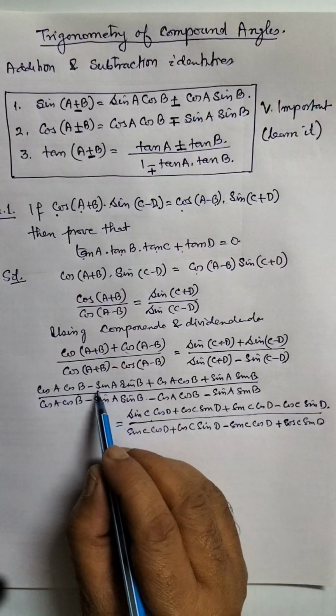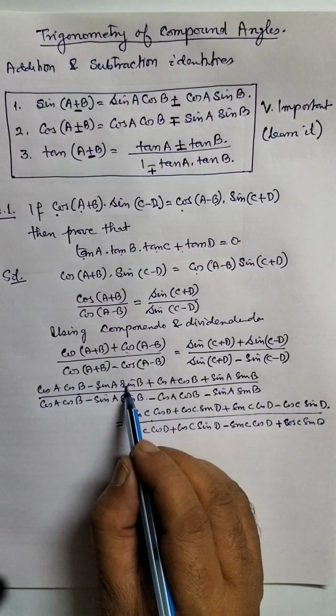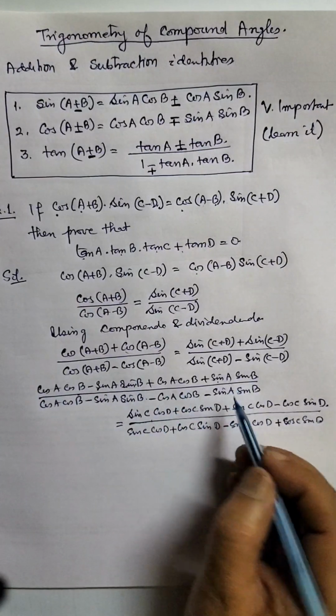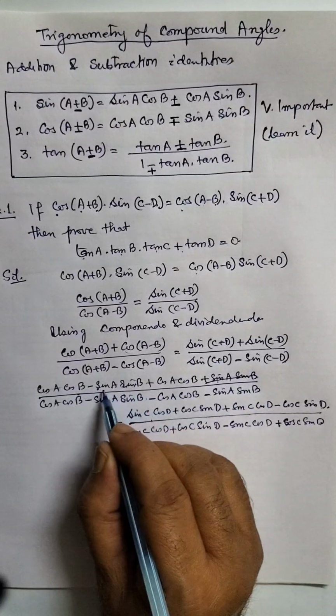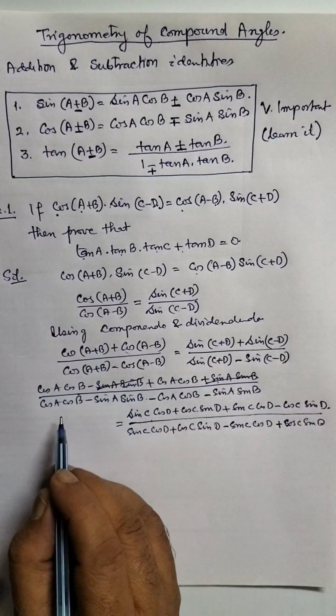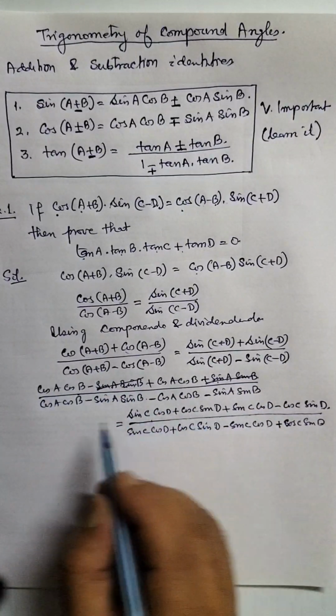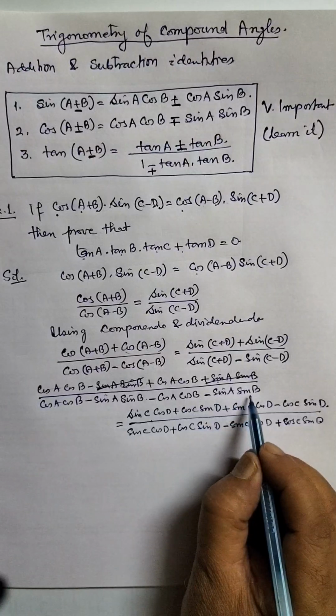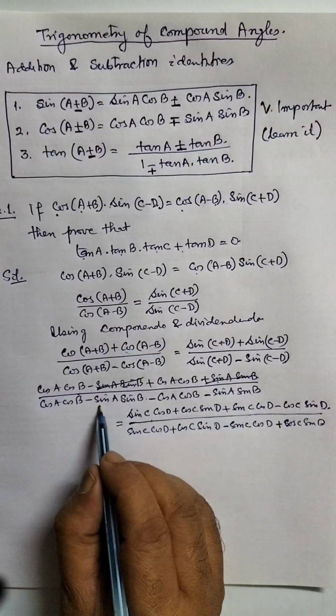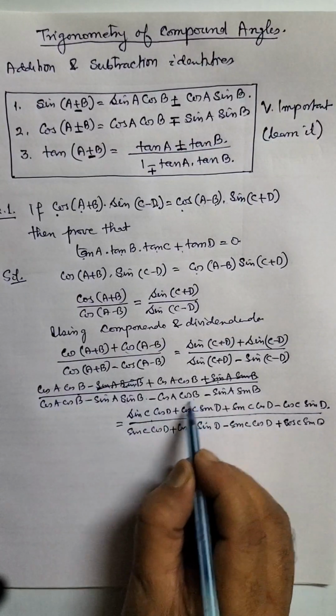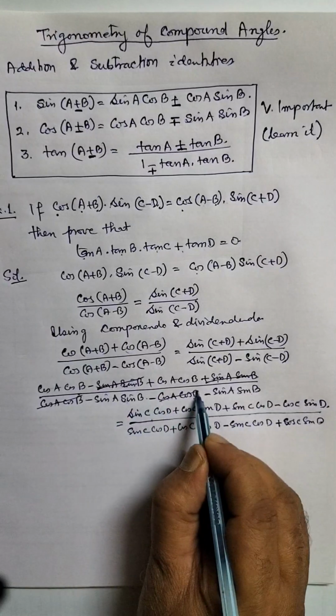Now see, minus sin A sin B plus sin A sin B will get cancelled. Here in this case, the sin C cos D terms and the cos C sin D terms cancel appropriately.